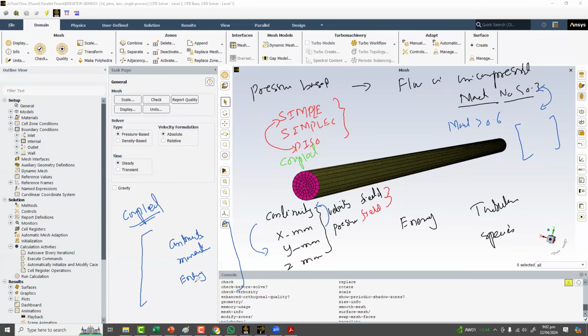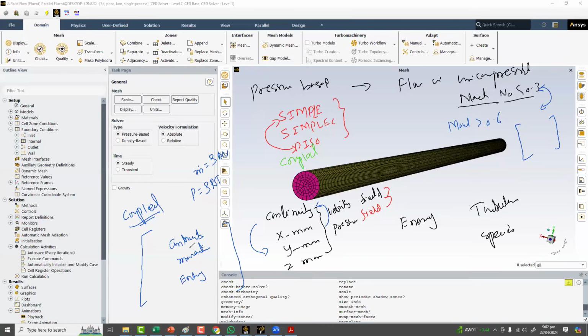Because the density, which we get as a function of temperature from the energy equation, will be affecting the continuity and momentum equations. Definitely, m dot is a function of rho A V, and this will also affect the pressure, because the equation of state is pressure equals rho R T. So this also affects your equation of state, which contributes to the parameters over here. So that's why they are solving all the equations in a single go.